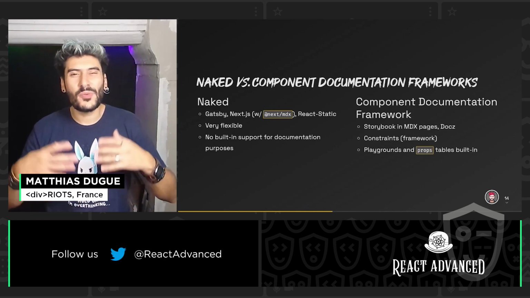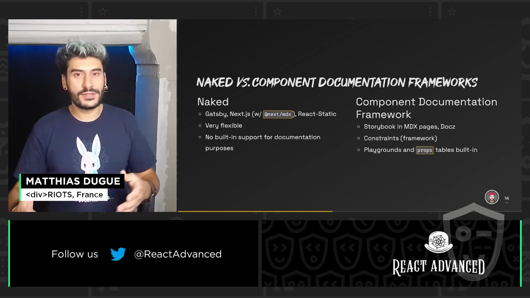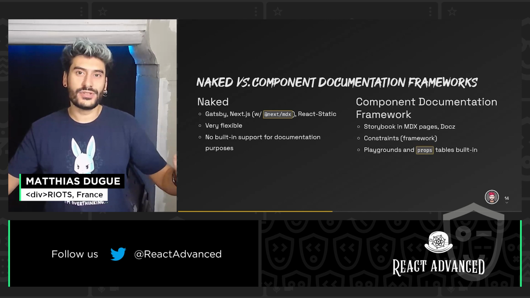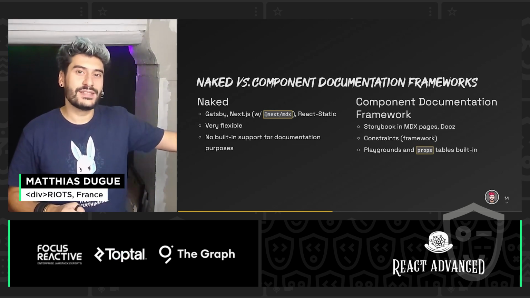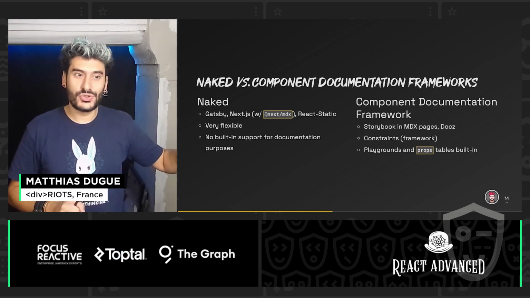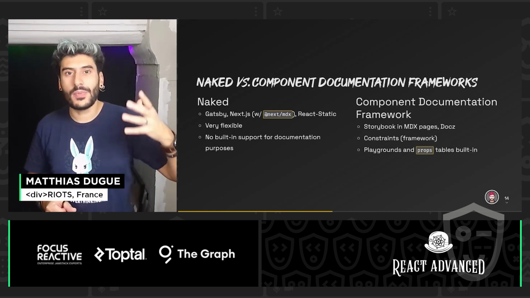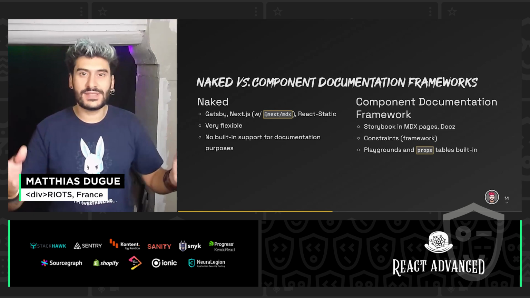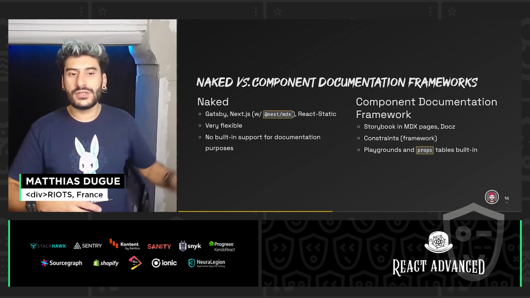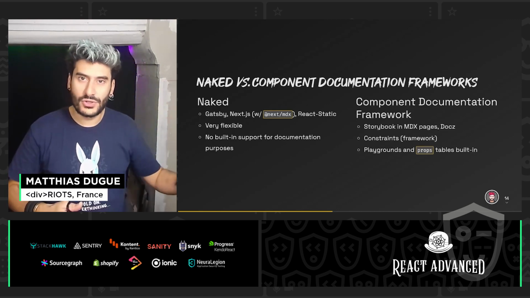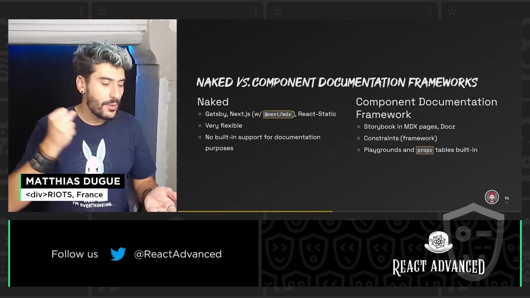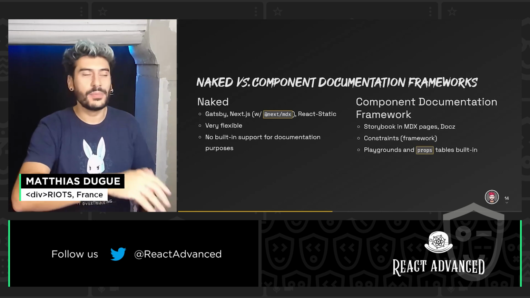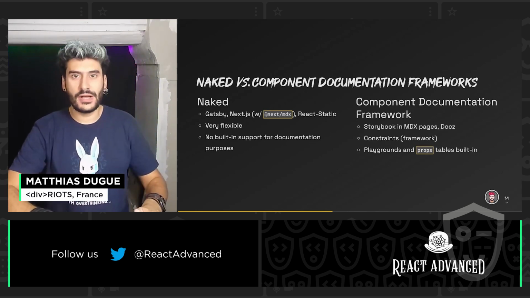This is not a complex setup to have, but we now split this environment in two worlds. On one side, we have the naked tools that are ready to embed the MDX. I could do MDX with any kind of static generator, from Gatsby to React Static to whatever you want. I just have to embed my MDX configuration in my Webpack or Rollup and everything will work freely.